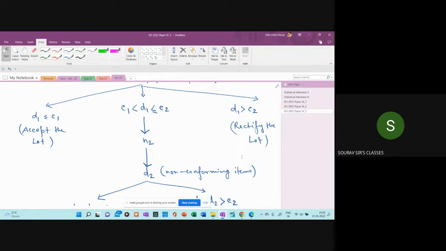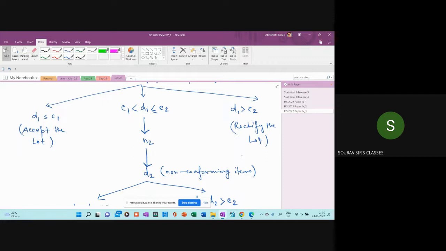Now, c2 is the maximum allowable number of non-conforming items for a sample of size n1 and for a sample of size n2 as well. So if it is accepted, it's fine.